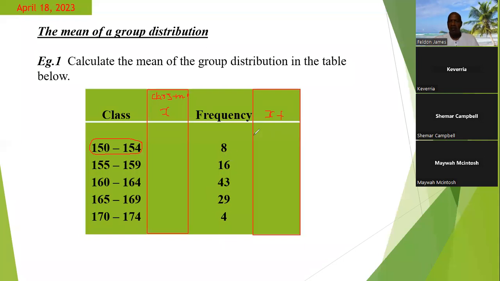And then you divide the sum of XF by the sum of the frequency. So our first class midpoint value here would be, you add 150 plus 154 and divide it by 2. Your class midpoint here is supposed to be what? 152?